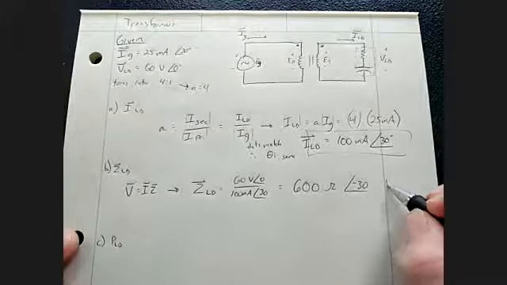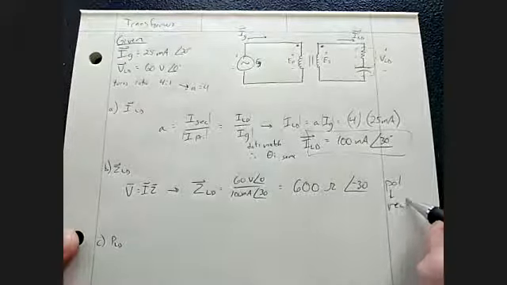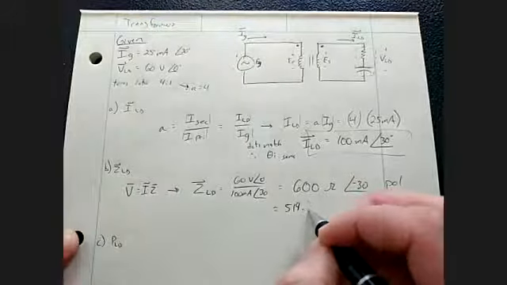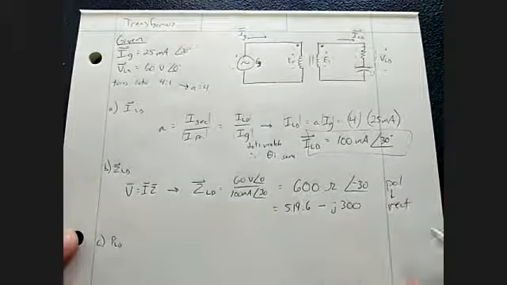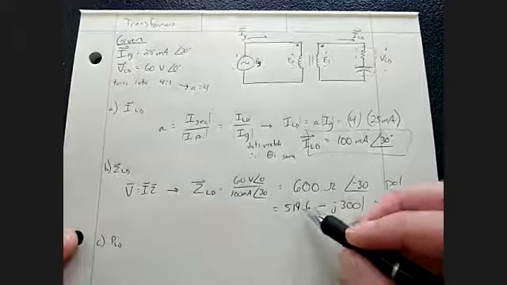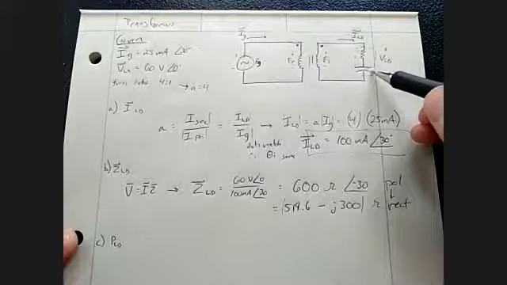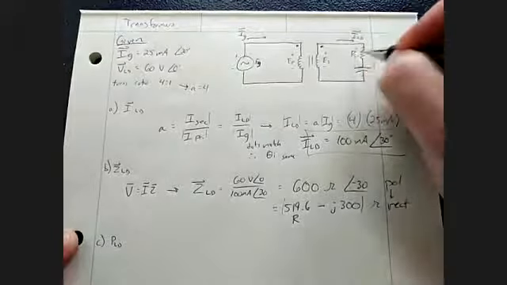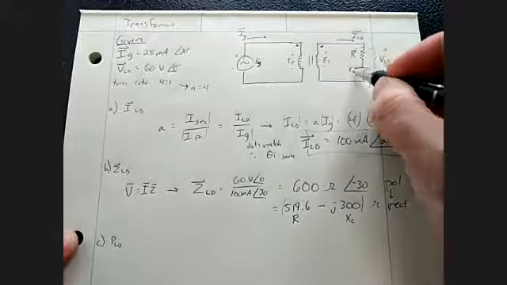Now, this is in polar form, but if I go from polar to rectangular, I get 519.6 minus j300, and those are in ohms. That makes sense that I would have a negative j because I have a capacitor up here. And so this is the R if I'm looking at this load, and this XC is the 300 right there.